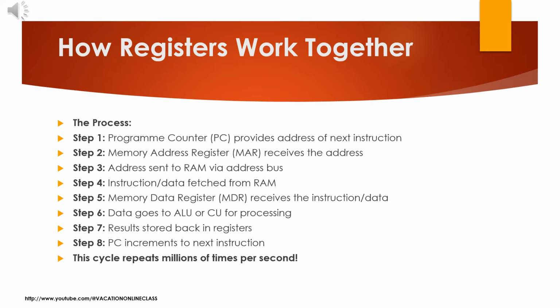Step 7 sees the results of that work stored back into the registers for immediate use. Finally, in step 8, the program counter increments, moving to the next address, and the entire cycle repeats instantly. This seamless handoff between registers is what allows your computer to execute complex software with incredible speed and precision.